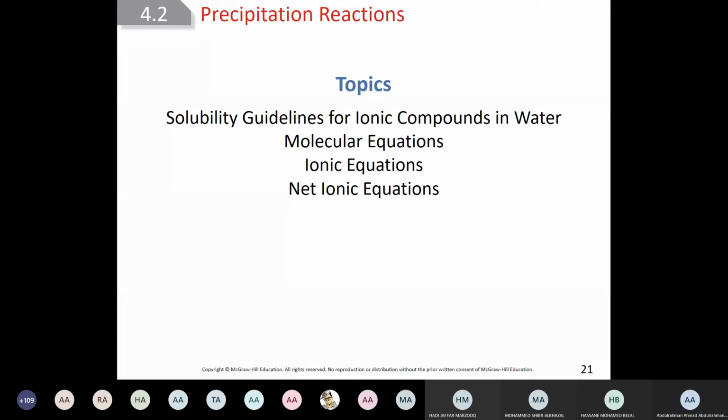Next, we will talk about solubility. What's the meaning of solubility? Being able to dissolve in water. We want to see which ionic compounds dissolve in water.